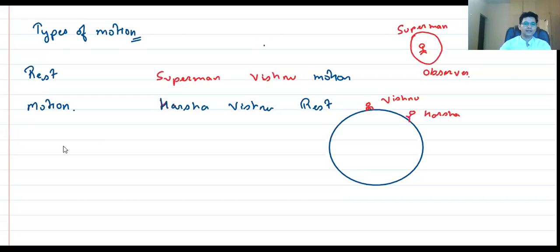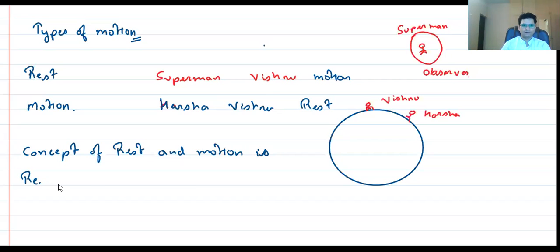So I can say the concept of rest and motion is relative, relative to the observer. And this is also called the frame of reference.